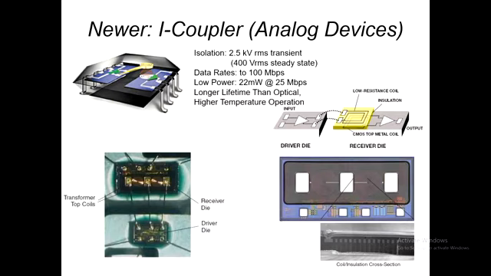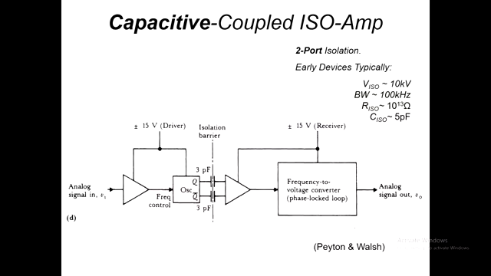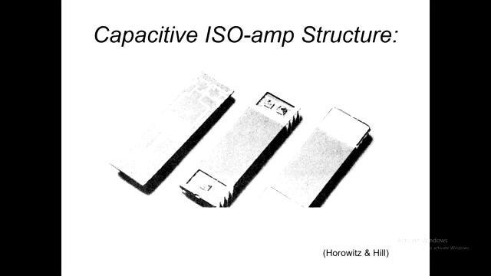Some newer devices, I guess they're not really new now, but suffice it to say there's work going on in this space. The other technique is the capacitive coupling one, and that works pretty well also. Isolation barrier is an insulating gap, so the signal pathway is capacitively coupled, modulated from the sending end and demodulated at the receiving end. And I'm not really sure whether you can see it here.